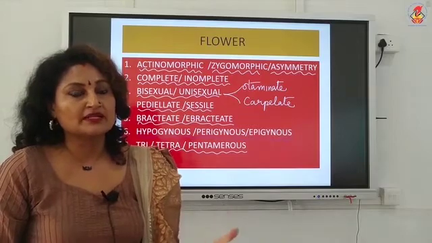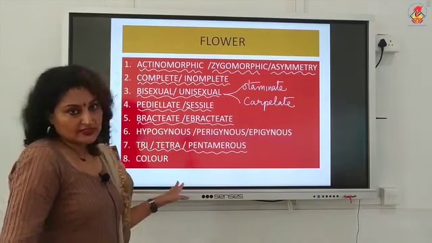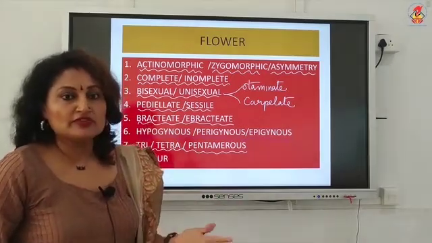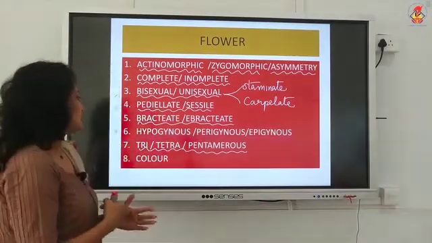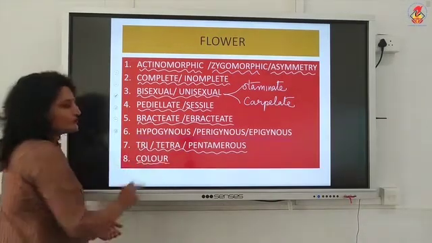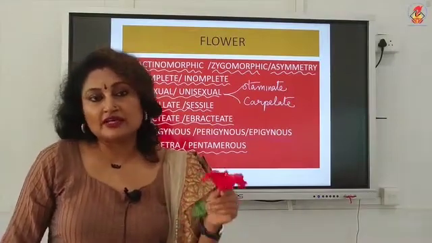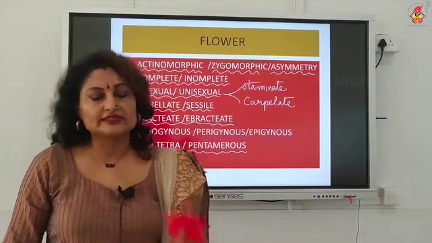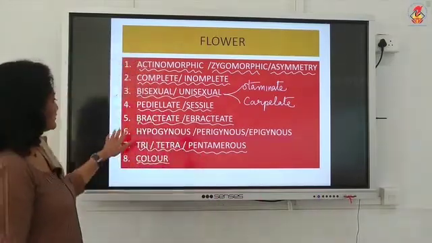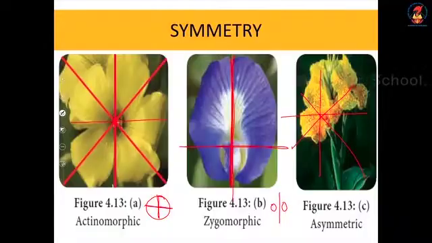It is 5 or multiples of 5, it will be pentamerous. 3 or multiples of 3, it will be trimerous, or if it is 4 or multiples of 4, it is tetramerous. Clear? And color very visible with our eye. You can indicate the color whether we have hibiscus available in different colors, whether it is white or yellow or red. You can indicate the color. Now, as I told you, the 6th lead I am going to show with the next template or with the next slide.